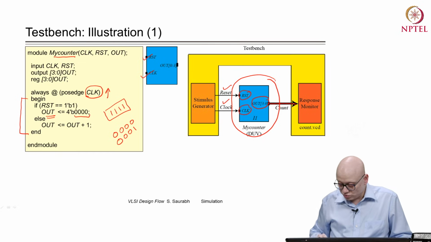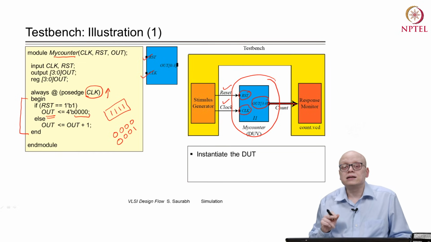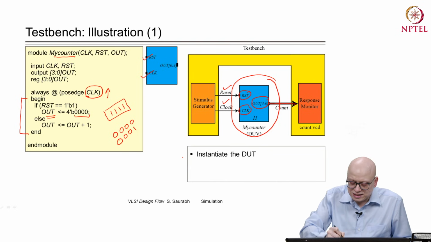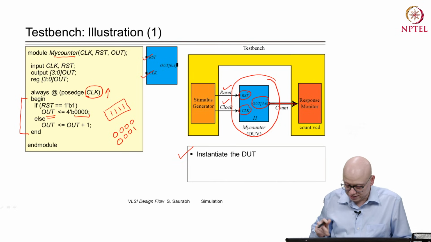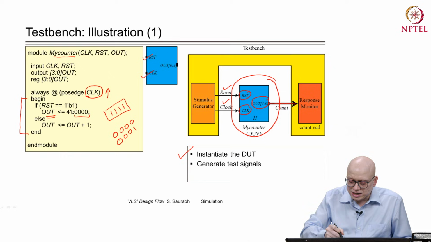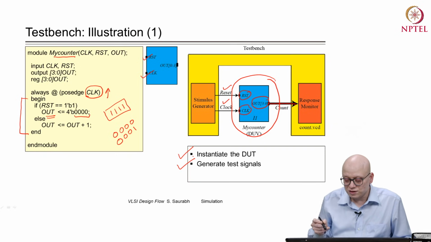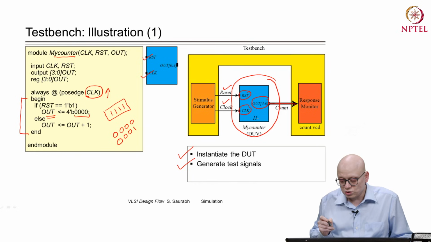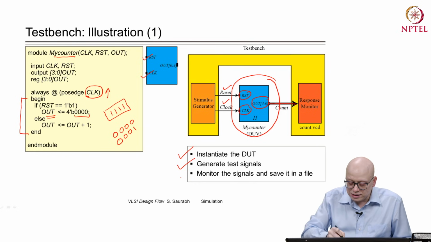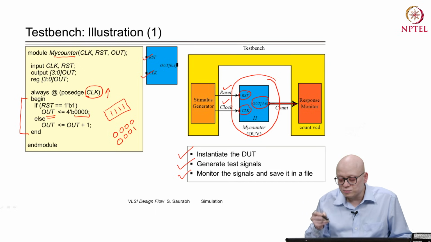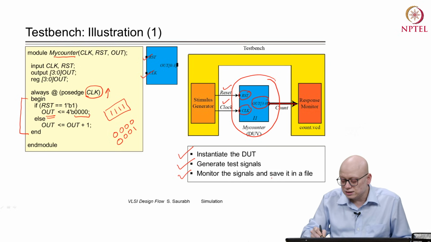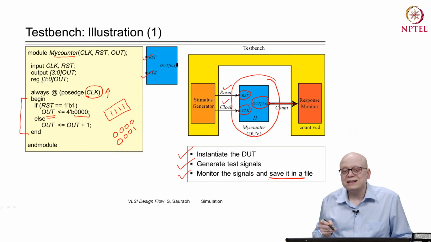Now, let us look into how we can create a Verilog model for the test bench. First, we need to instantiate the design under test, then we need to generate test signals from the test bench which go into the design, that is the counter, and then we will read the output from this counter and save it in a file to check whether it is behaving correctly or not.